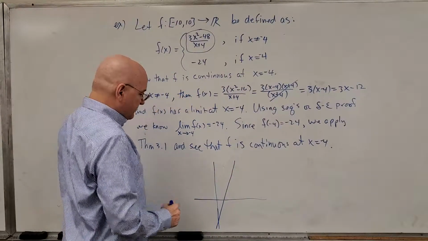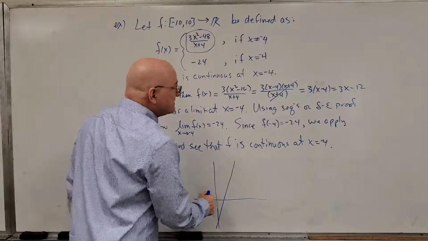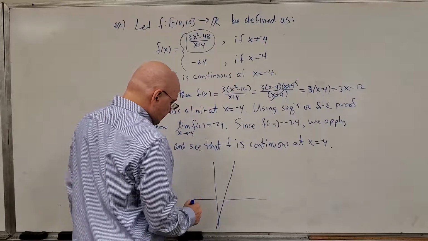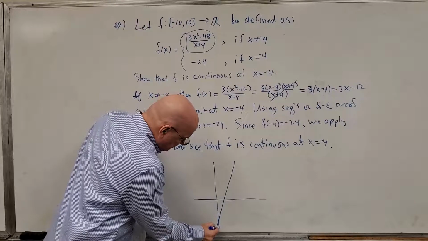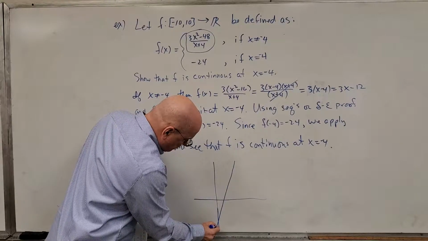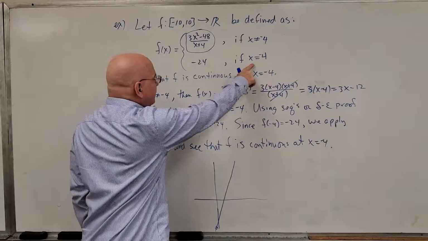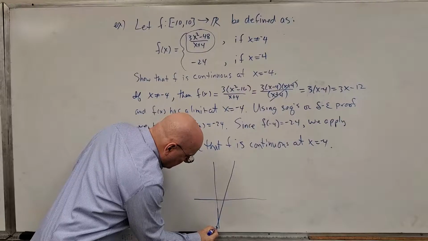It's got a slope of 3, a y-intercept of negative 12. But it is not defined at negative 4. So there's a hole in the graph somewhere down here. But this exactly fills it in. This is saying that f of negative 4 is negative 24.